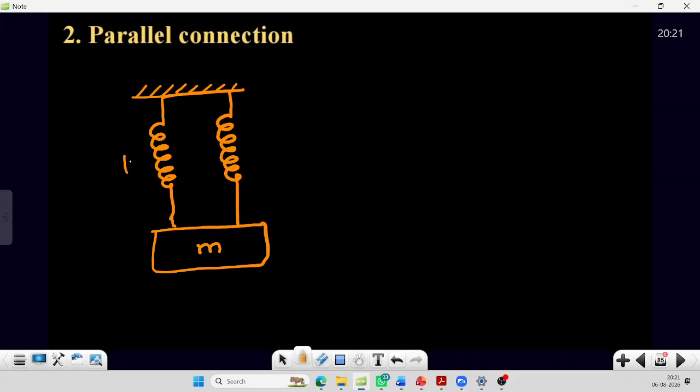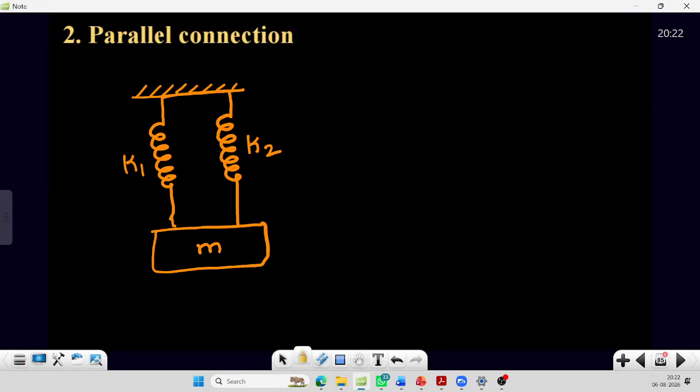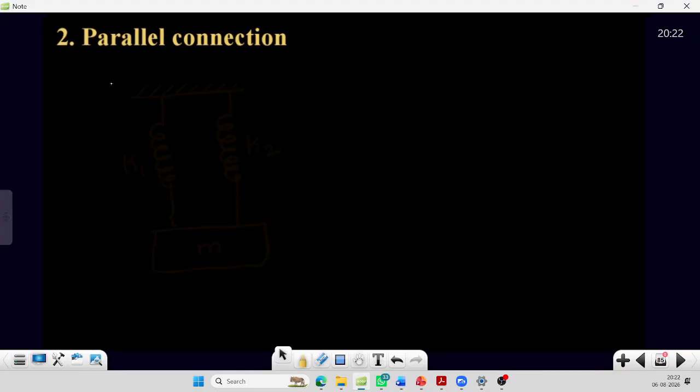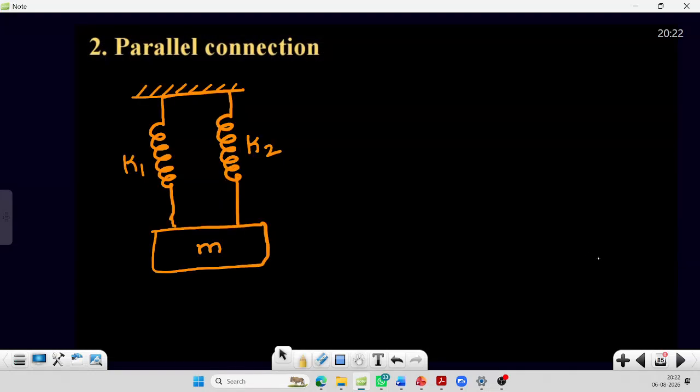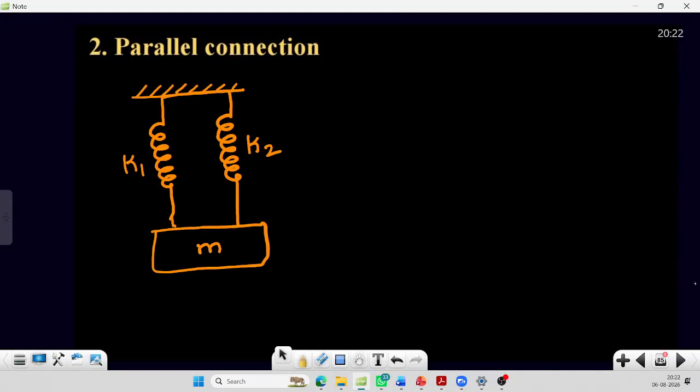Here the spring constant is K1 and the other spring constant is K2. In this case, one block is connected to both. This is the parallel connection.